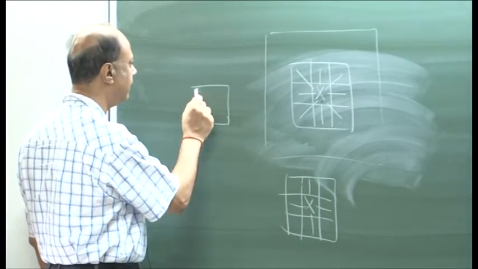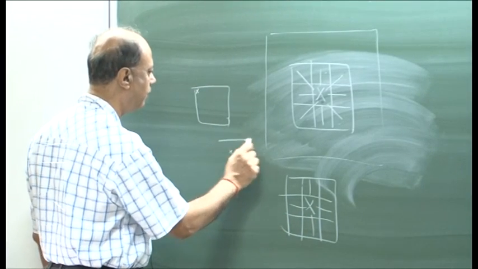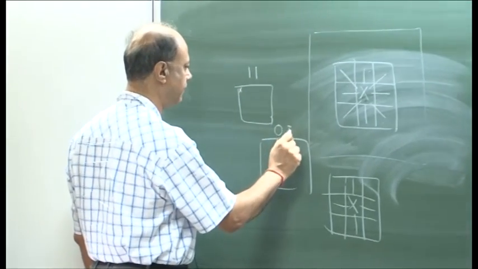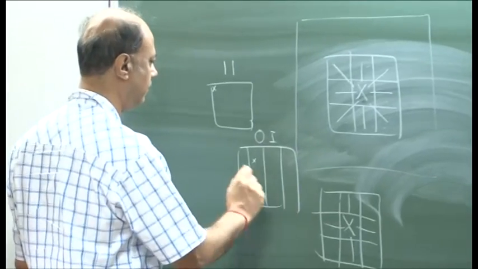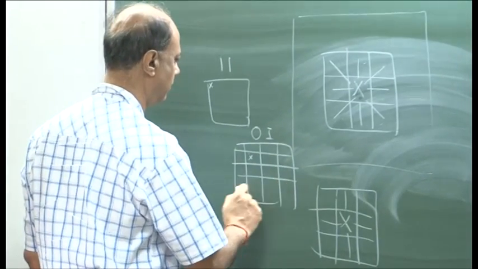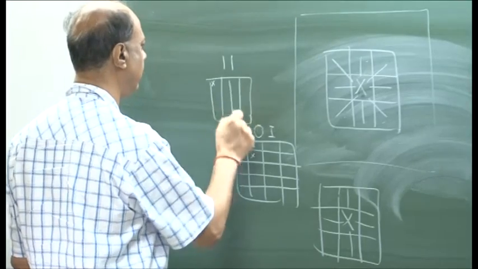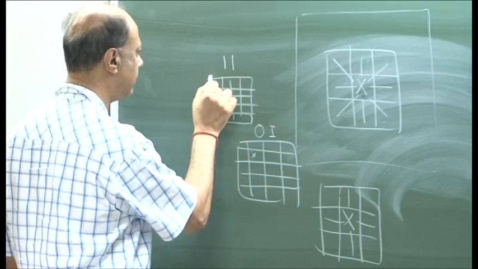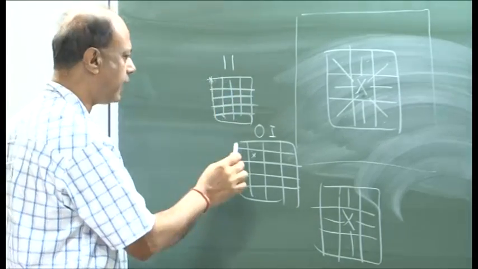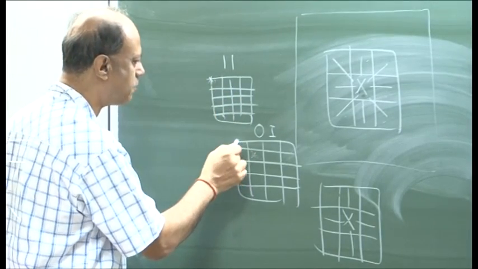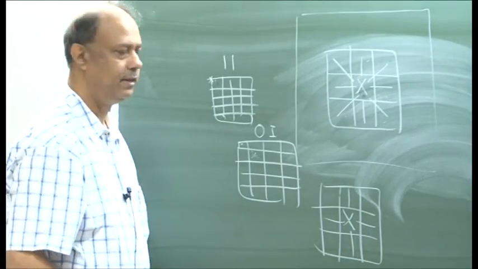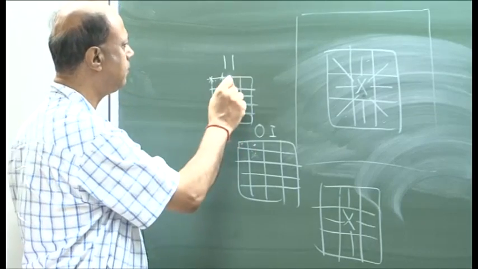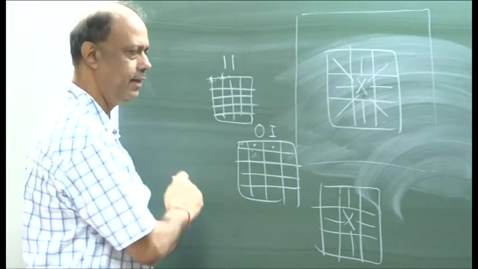This is your input image and this is your output image. Now these are the grids of the image. Once you do the corrections, this corner point need not be here, it may be here. This point need not be here, this may be here, and so on.